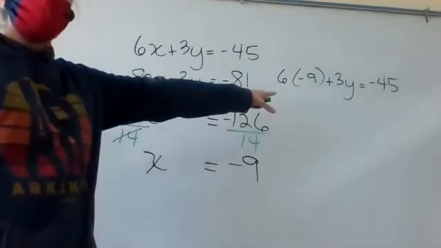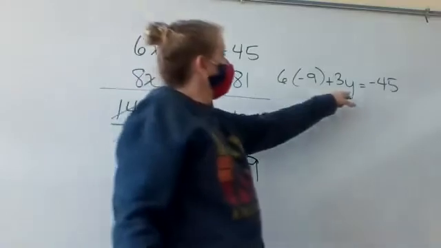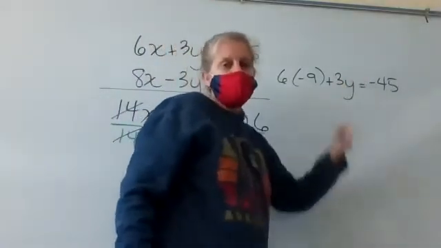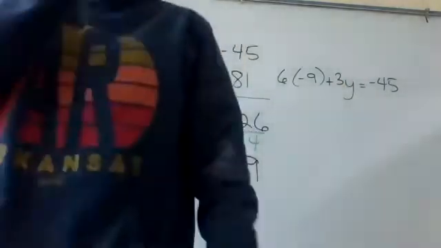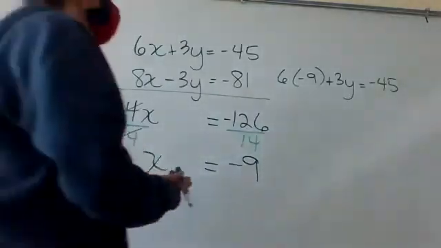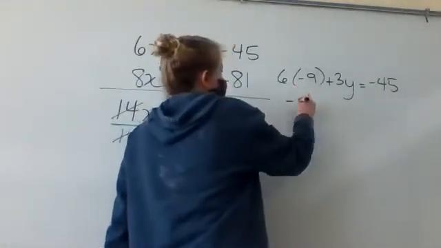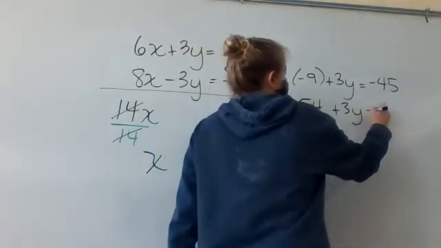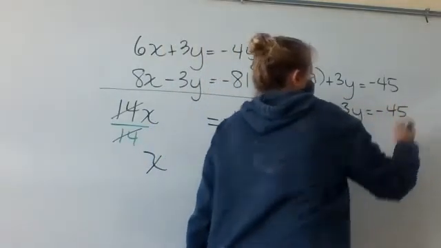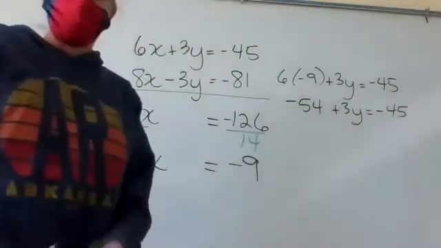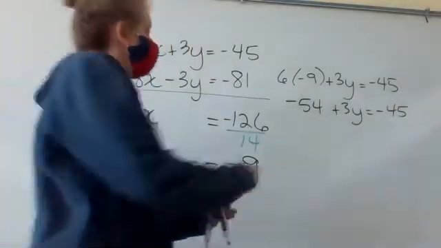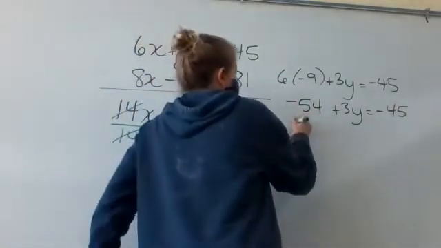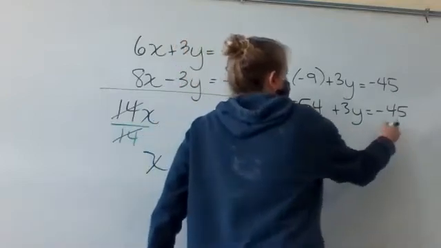So now I can solve this equation, because the only unknown now is the y. 6 times negative 9 gives me negative 54, plus 3y equals negative 45. Solving for y, I'll get rid of the minus 54 with a plus 54.